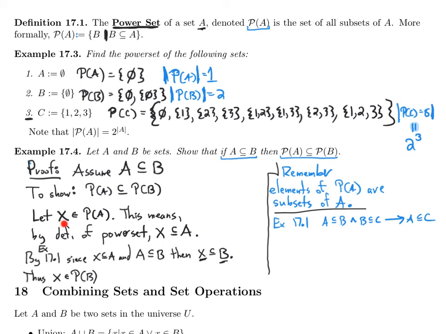We started with an element in the power set of A. We showed that that element is also in the power set of B. Thus, the power set of A is indeed a subset of the power set of B, and we're done.